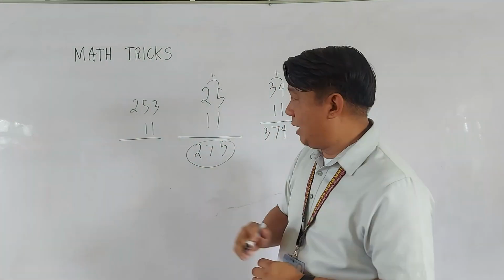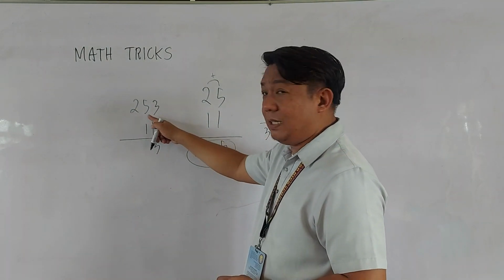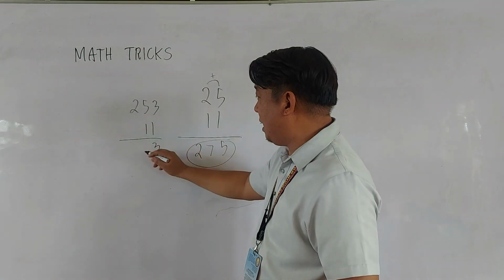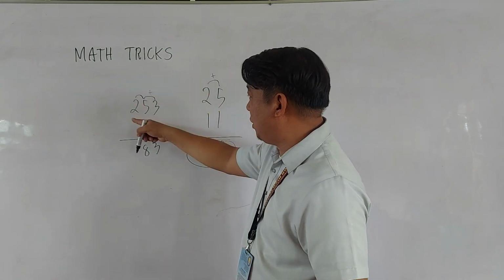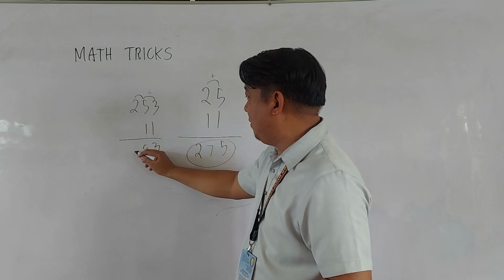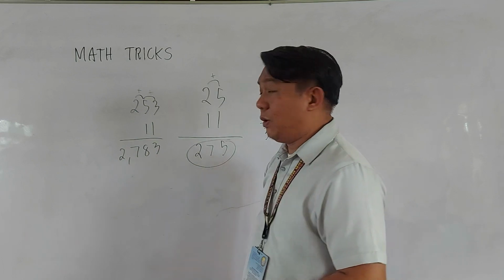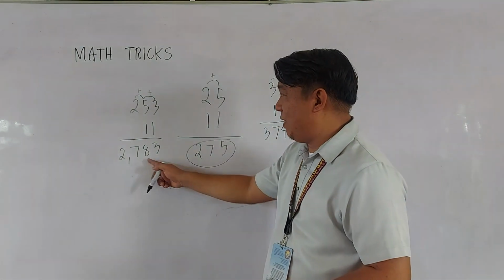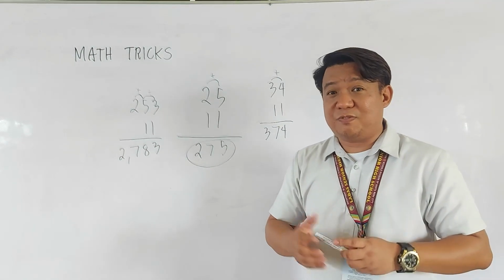So, ang gagawin lang natin, we will copy the last digit, which is 3, and add yung magkasunod, 5 plus 3, 8. So, plus yan. And then, plus mo din yung 2 and 5, which is 7. And then, copy the first digit. So, we have 2,783.